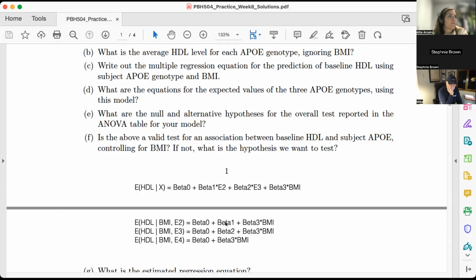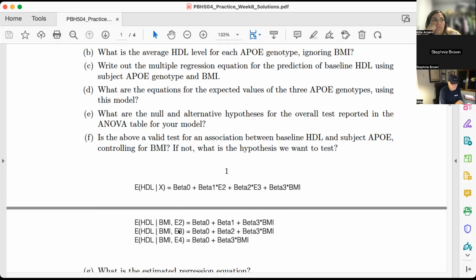So if you want the mean for the E2 group, in the equation, you insert a 1 here, a 0 here, and you don't know their BMI, so you leave it there. And so the equation becomes beta 0 plus beta 1 plus beta 3 times BMI. Or you would combine these two and you'd have a number plus beta 3 times BMI.